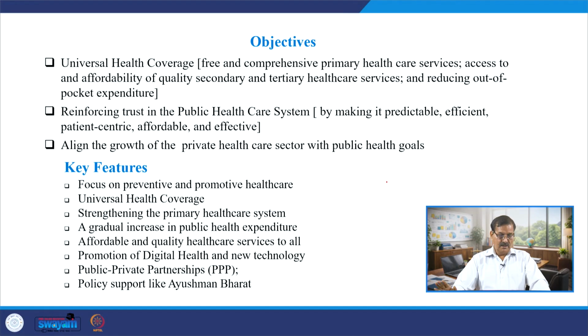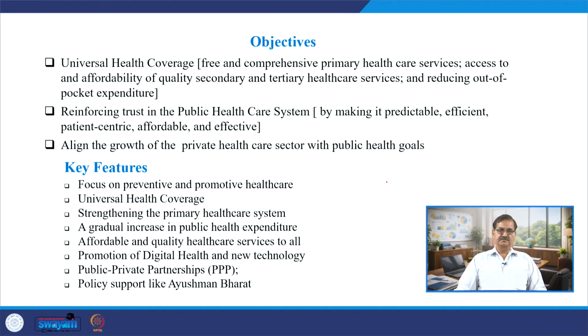And third is aligning the growth of private sector care with public sector goals. So the public sector has several health goals, and the private sector's activities should be aligned with these goals, so that private sector investment in healthcare services may be useful in achieving the public healthcare goals.